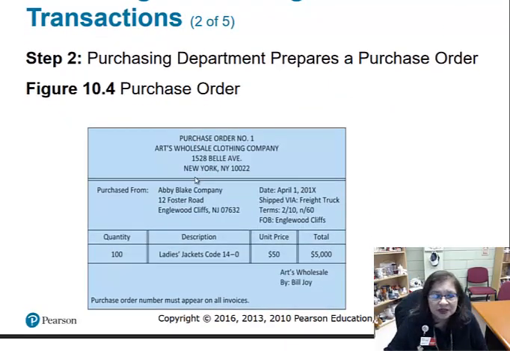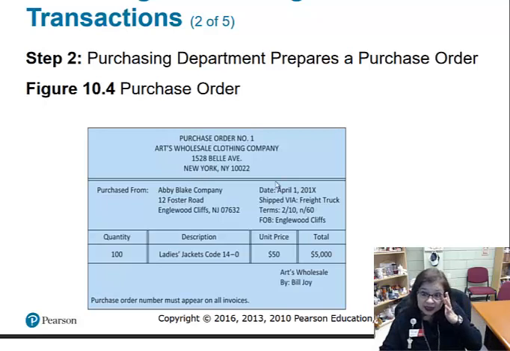When we're posting purchases and transactions, we're taking this information from a purchase order, or a PO. We're looking at this and saying that from Art's Wholesale, Art is the one selling, Abby Blake purchased from him, or we purchased from them.